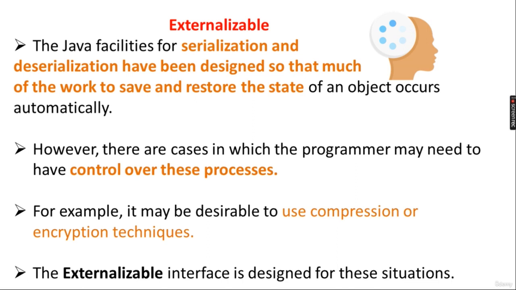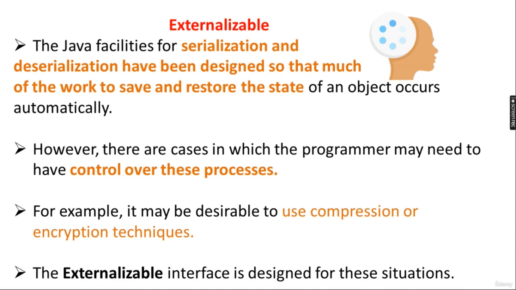Externalizable. The Java facilities for serialization and deserialization have been designed so that much of the work to save and store the state of an object occurs automatically. There are cases in which the programmer may need to have control over these processes, so the programmer will decide at which state to save or restore.